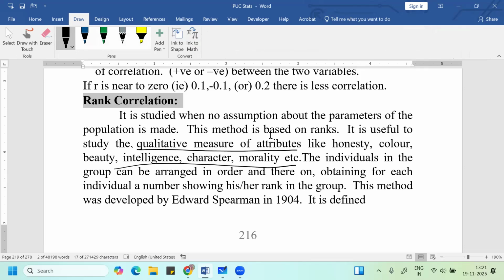The individuals in the group are arranged in order, and we obtain for each individual a number showing his rank in the group. This method was developed by Edward Spearman in 1904.